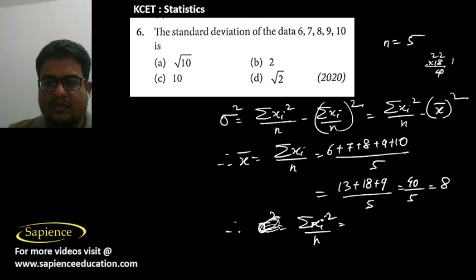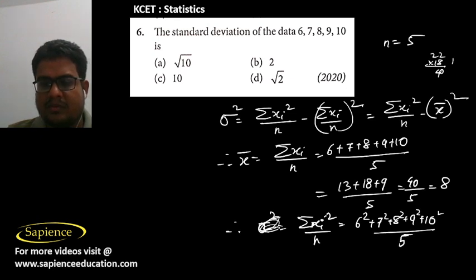So we have to find the mean of the squares, that is 6 square plus 7 square plus 8 square plus 9 square plus 10 square, divided by 5.